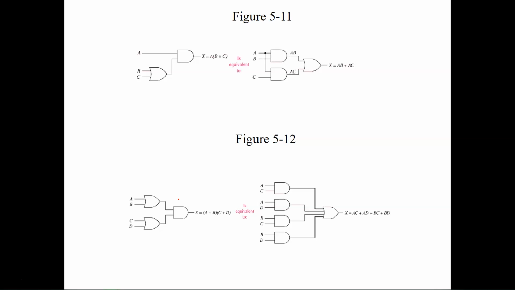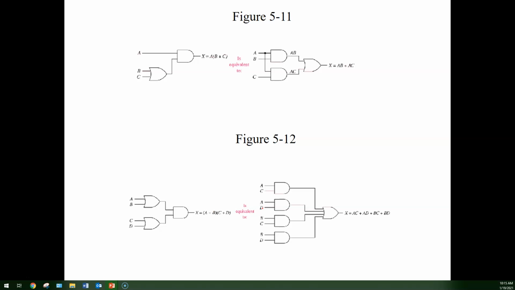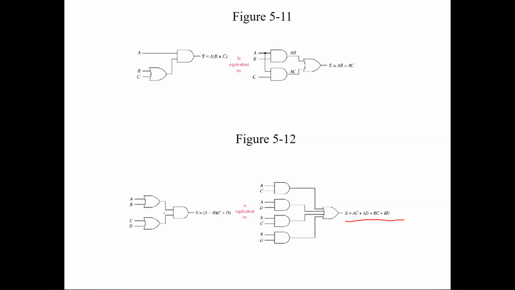Just combine them. We have X equals AC plus AD plus BC plus BD. If I was to put this in a computer, just to give you perspective as to why this is working the way it is, what I'm putting in the computer is that if A signals, this guy goes.